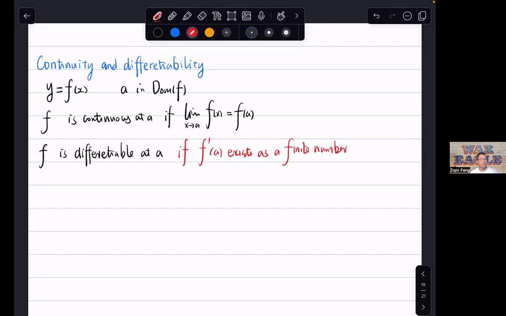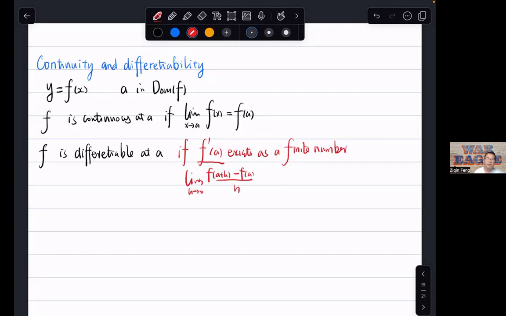This is equivalent to saying that as h goes to 0, the limit of f of a plus h minus f of a over h exists as a finite number, in which case our function is differentiable.